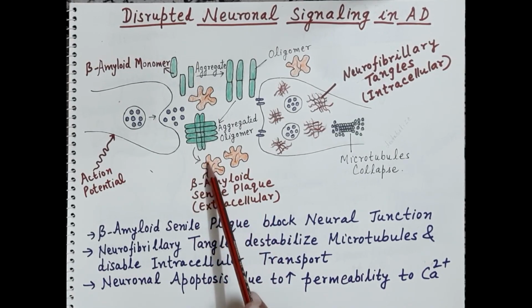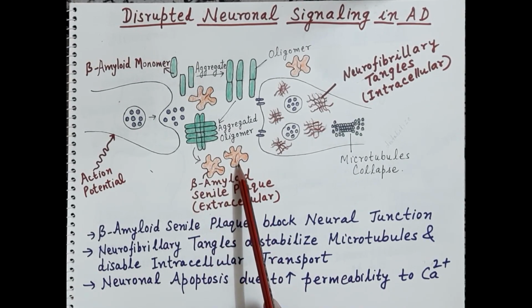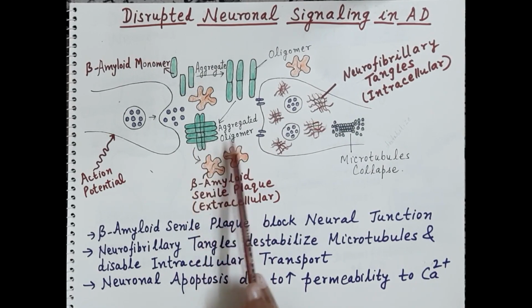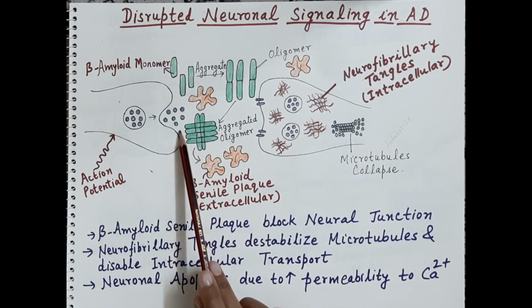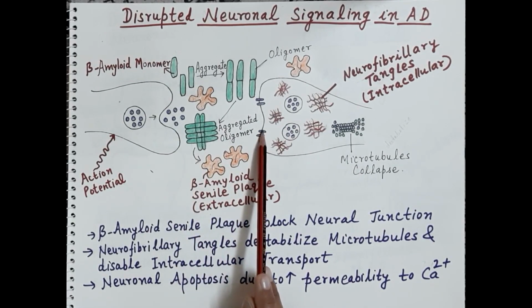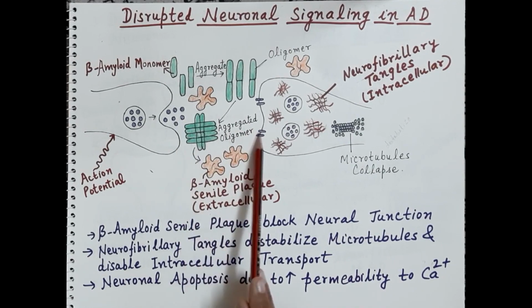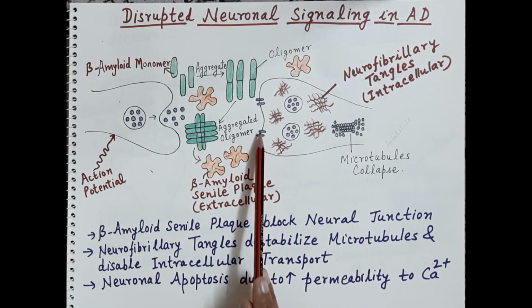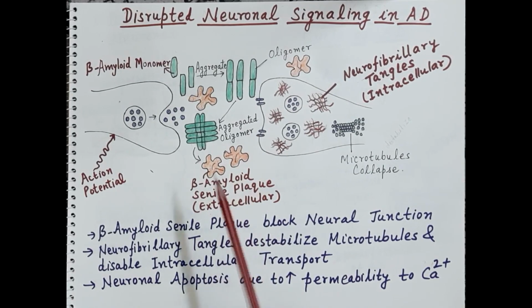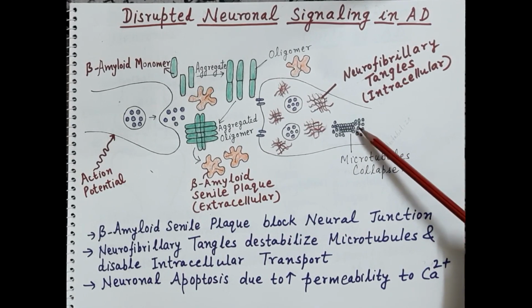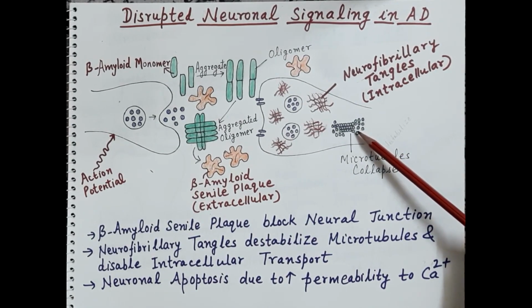These plaques block the junction, and because they block the junction, the neurotransmitter that has been released is unable to bind to its receptors. This prevents neurotransmission, which results in neurodegeneration and death of the nerve cells. Apart from this, as we have already discussed, tau protein is found to be associated with the microtubules.